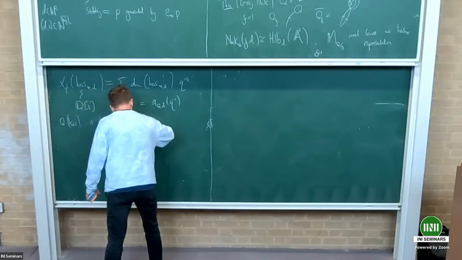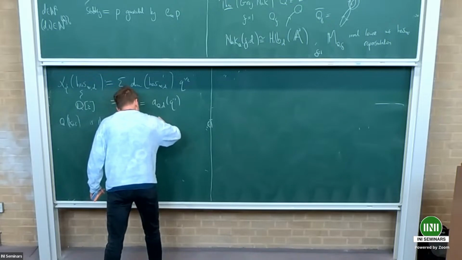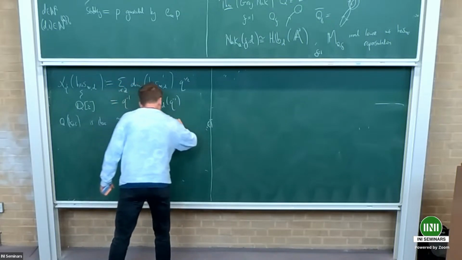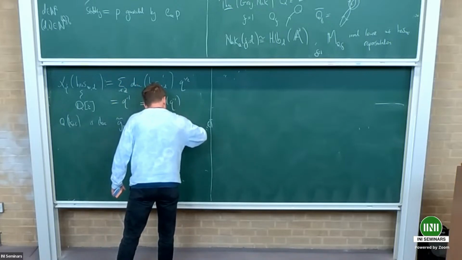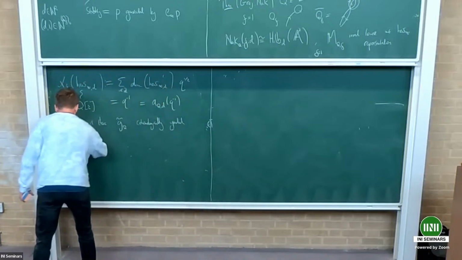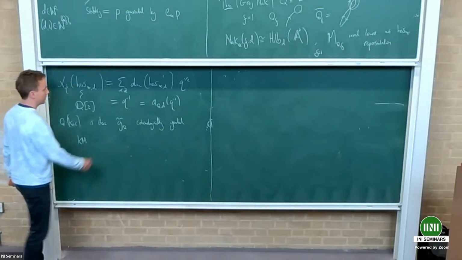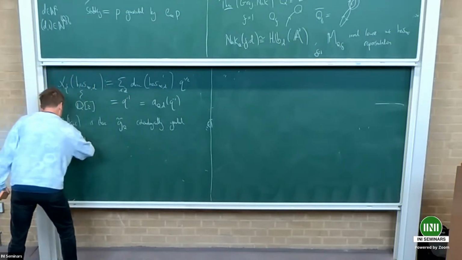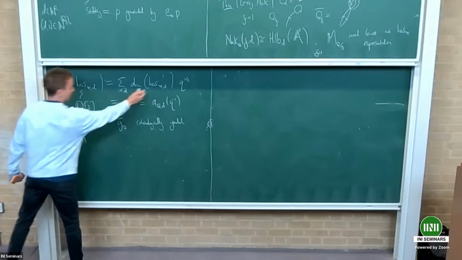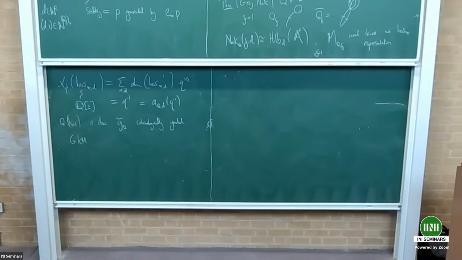So this will be a cohomologically graded, one might like to say Katz-Moody Lie algebra here, but this isn't a Katz-Moody Lie algebra, so that's going to be the wrong move. But this is a generalized Katz-Moody Lie algebra, whatever that means.